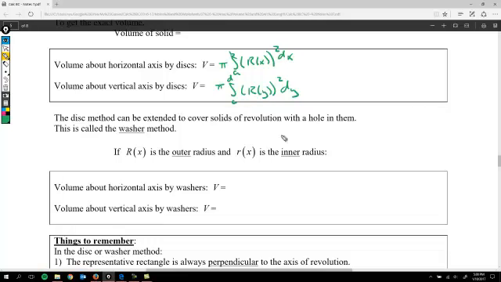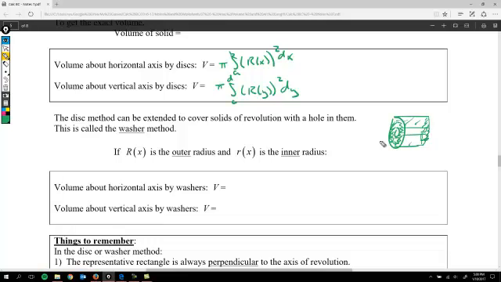Now, if we have a hole in it, and I'll show you what I mean by that in a second, then we end up with a washer. If you can imagine something like this, we end up with a washer where we only want this area, we don't want this interior area. We want all this outside area, but I don't want any of the interior area. So we can just get that by subtracting.